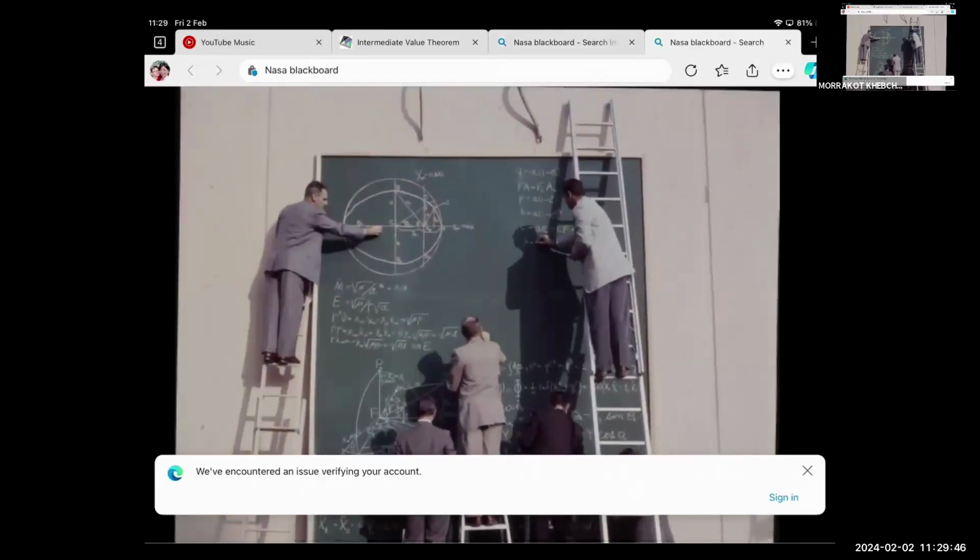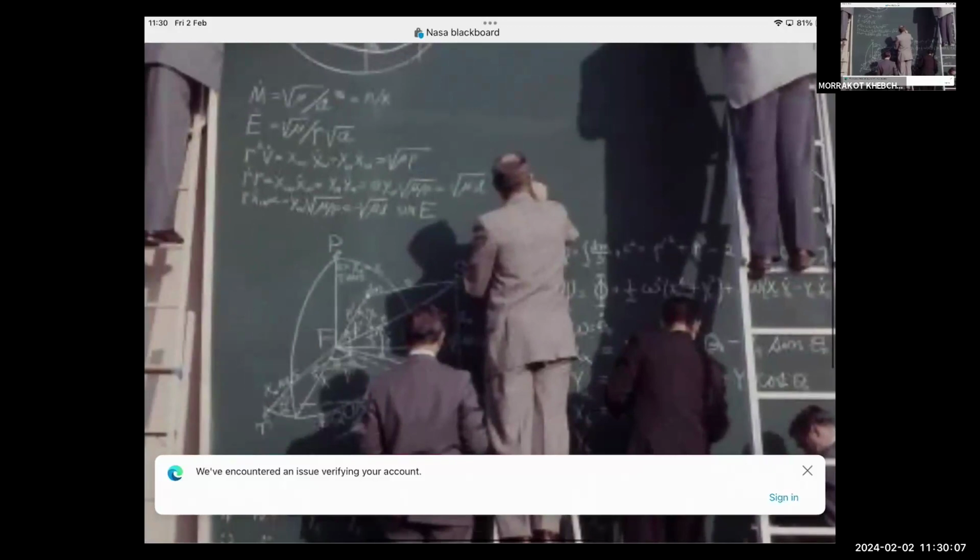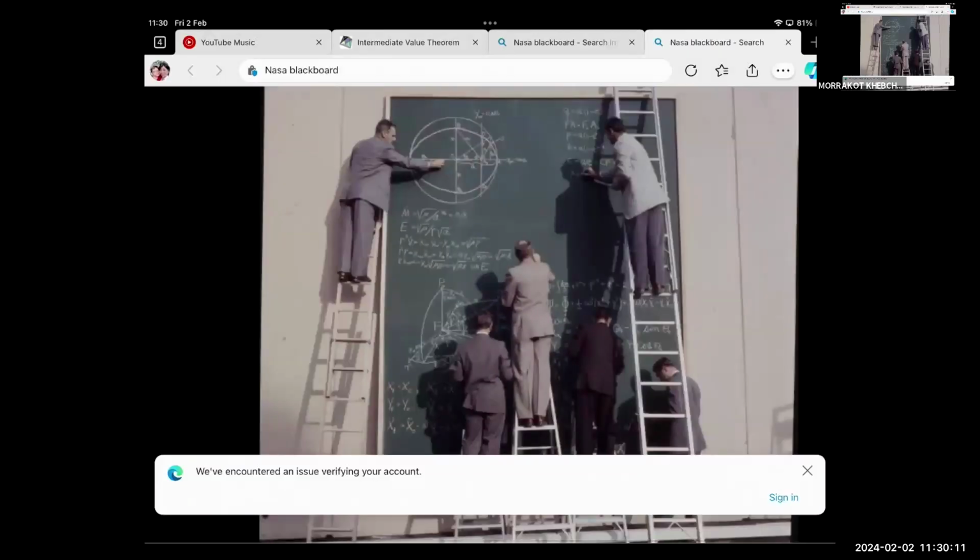I want to show you in the old days when they do the computation, they need the big board. This is from the NASA. You have to have the ladder, you have chalk and board, this is the way that they do the calculation on the board. Okay, so I think it's very classic.